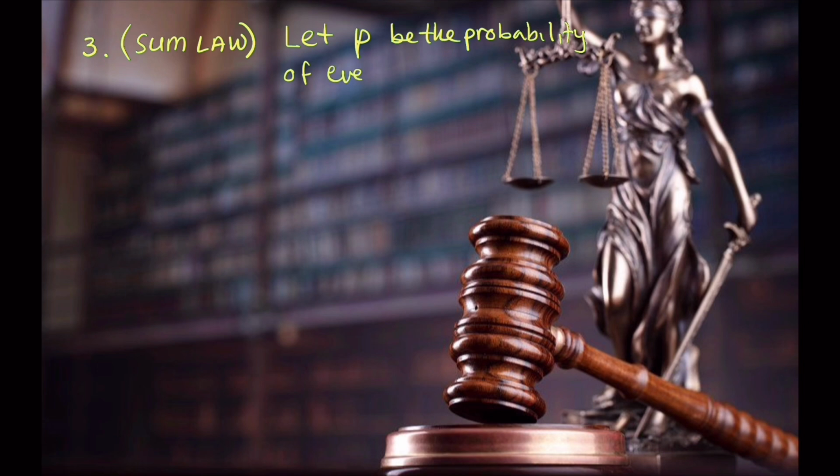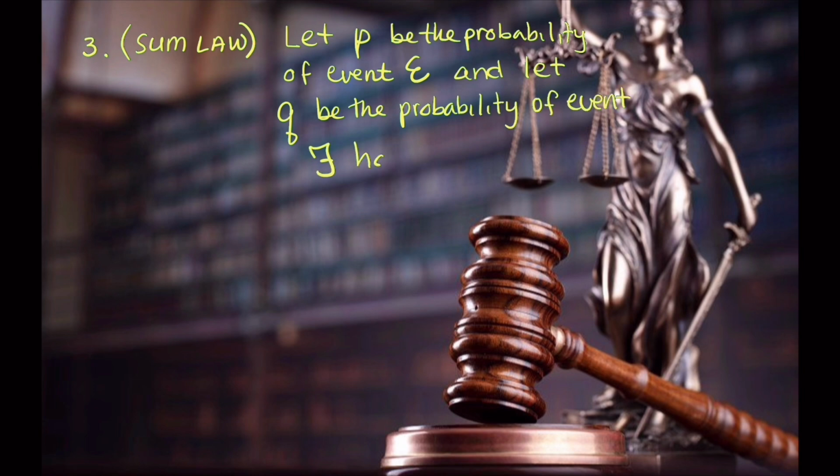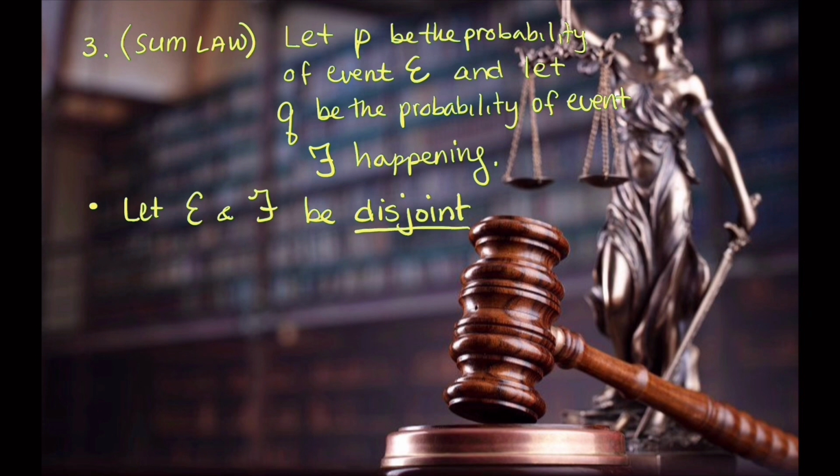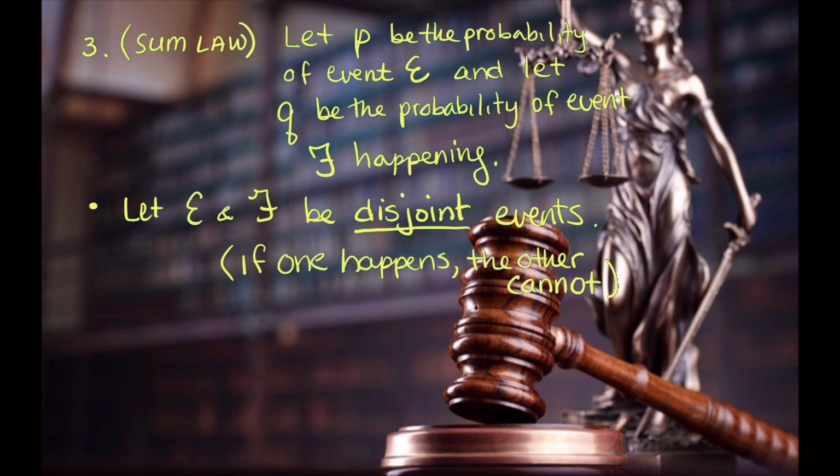One of the laws of probability is called the sum law. Let P be the probability of an event E, and let Q be the probability of some event F. One of the criteria is that these two events be disjoint. Well, what does it mean to be a disjoint event? It means that if one event happens, the other cannot happen.